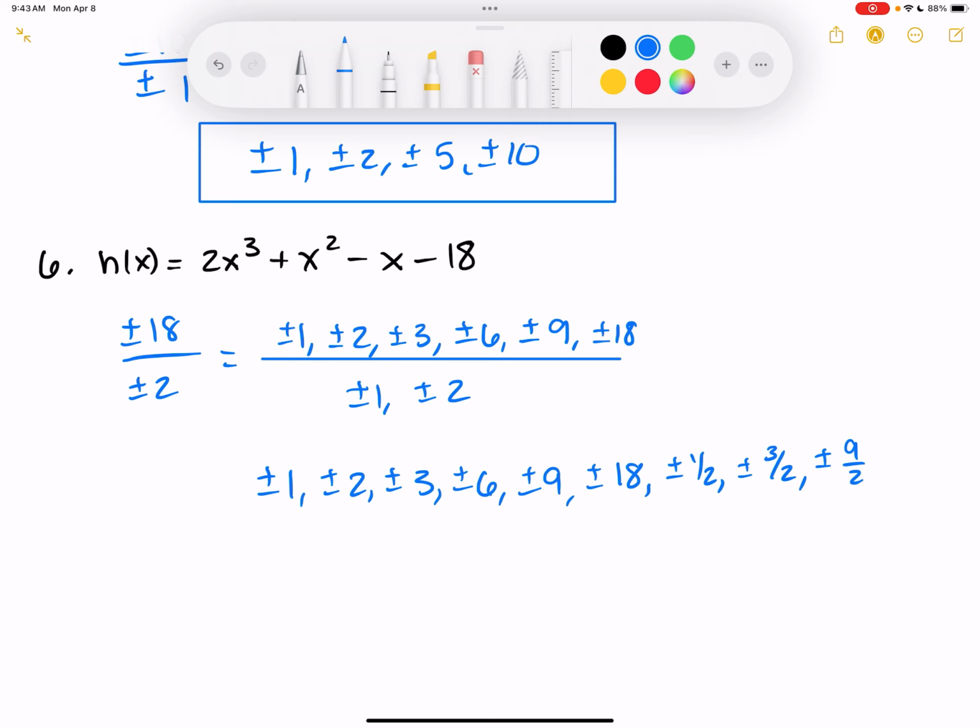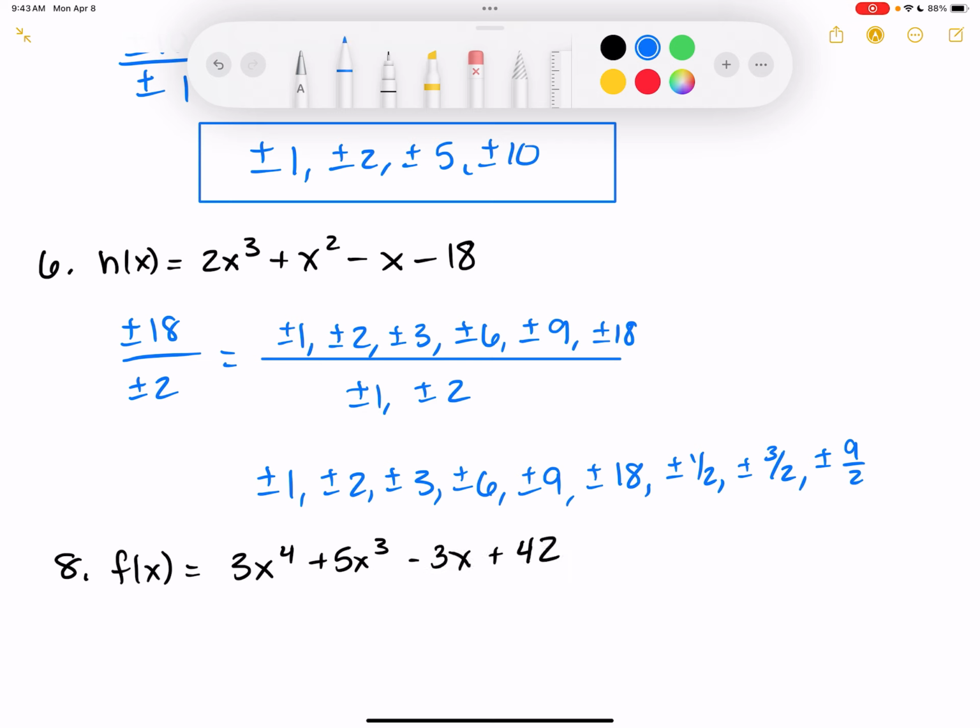Let's look at eight. F of x is equal to 3x to the 4th plus 5x cubed minus 3x plus 42.